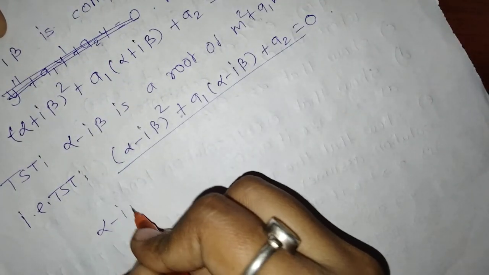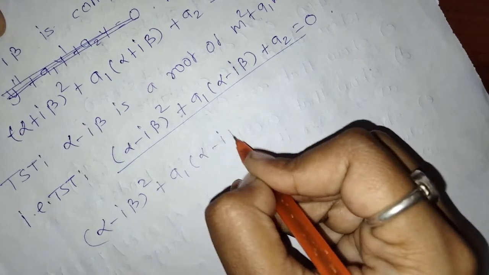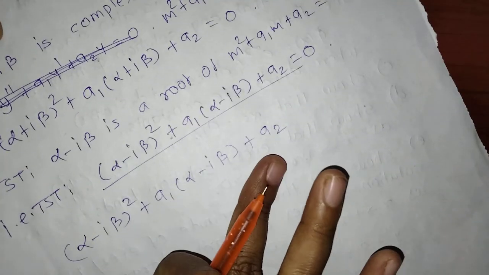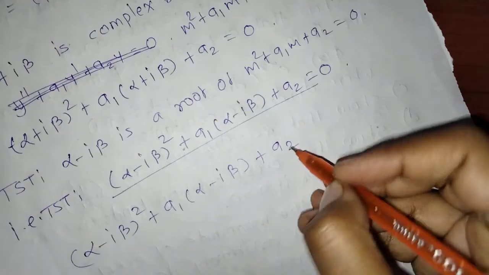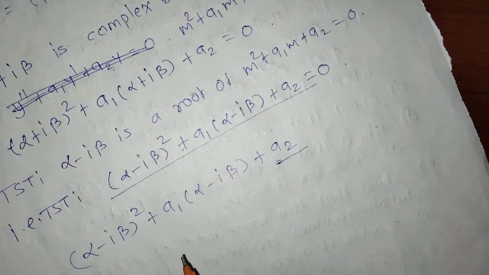So alpha minus i beta, first consider left hand side, plus a2, which implies to solve this we have to find the value of a2.